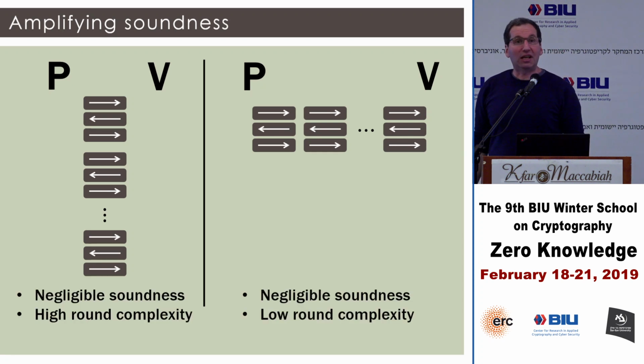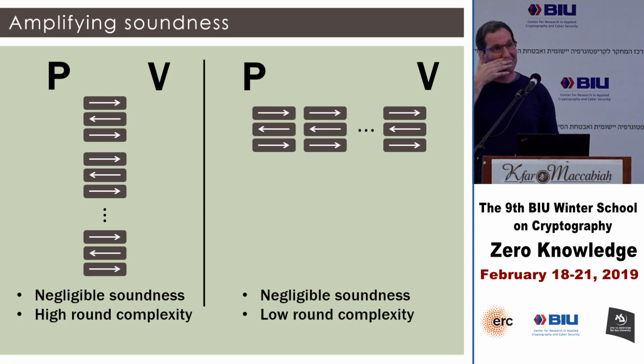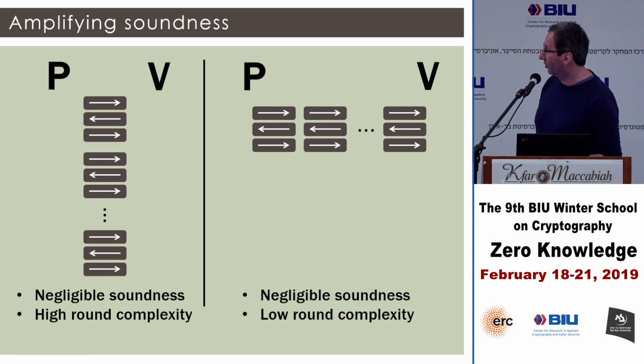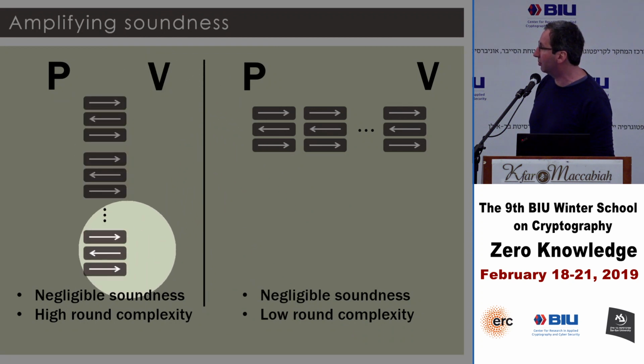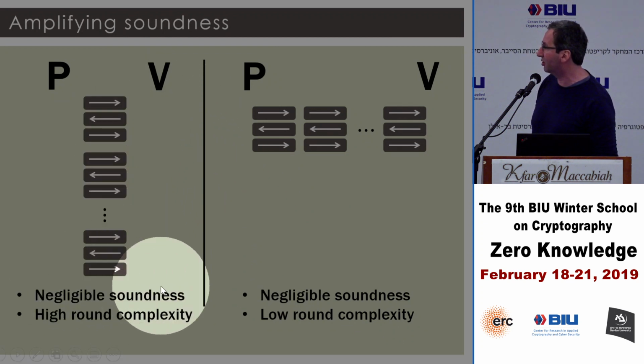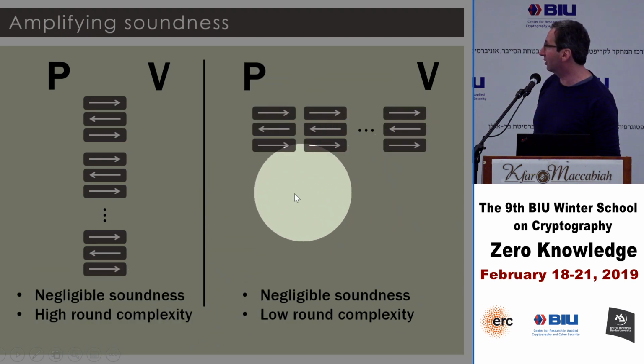Now, that's very nice. We have a constant soundness error, statistical zero knowledge argument for NP, but the problem is that the soundness is constant. So we want to amplify soundness. We already saw that we have 2 methods. One is sequential repetition. It results in negligible soundness, but higher round complexity. We have parallel repetition.